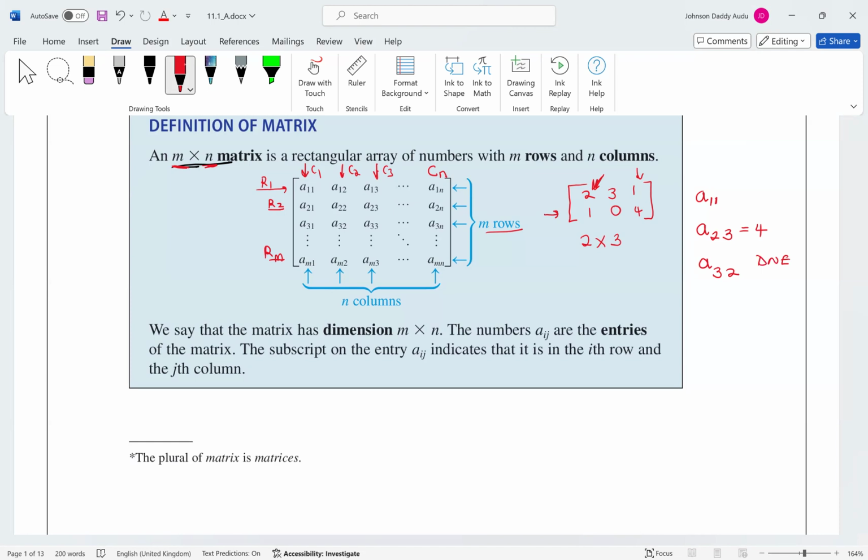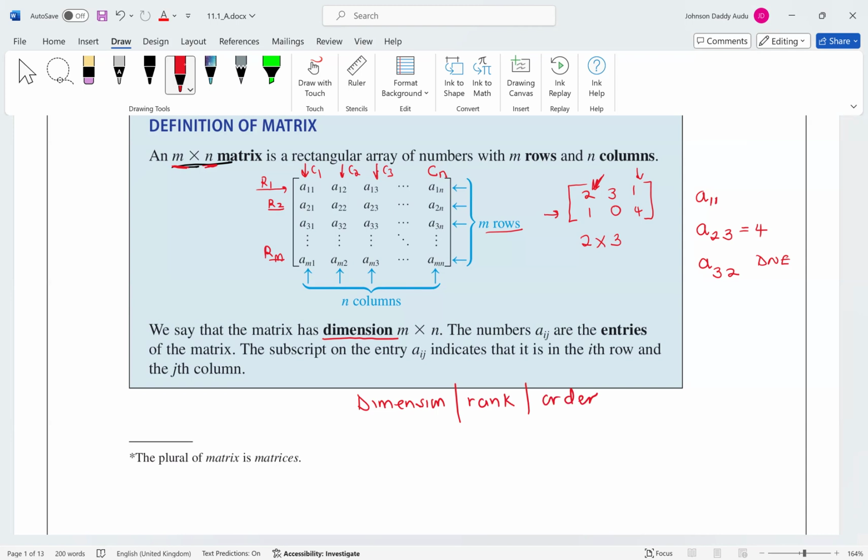The important thing here is the dimension of the matrix. Anytime you hear dimension of a matrix, or rank of a matrix, or order of a matrix, it means the same thing. It's talking about the number of rows by the number of columns.